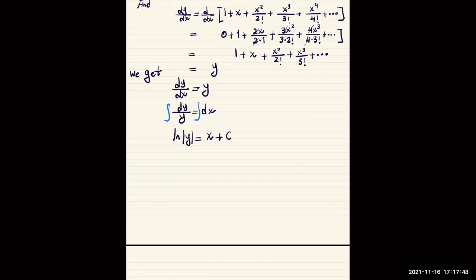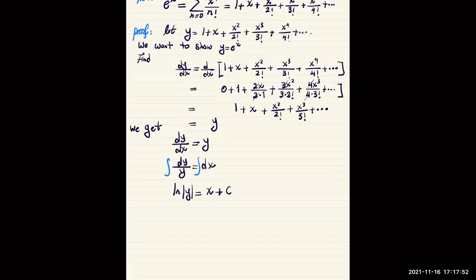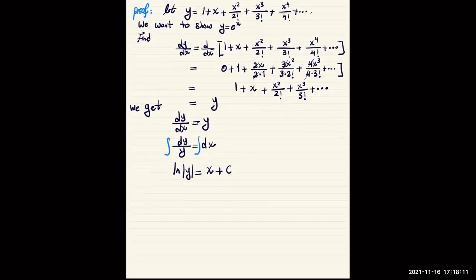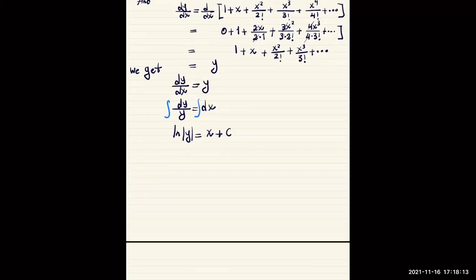Okay, we want to solve this equation for y. All right, and I also need an initial condition, right, so that I can find the c. We'll discuss that in a second, but to solve for y, just exponentiate.